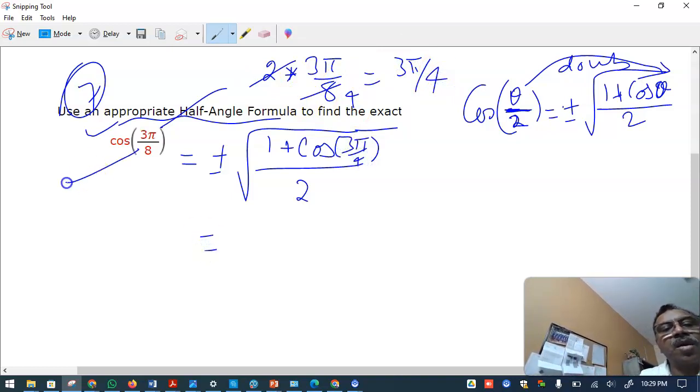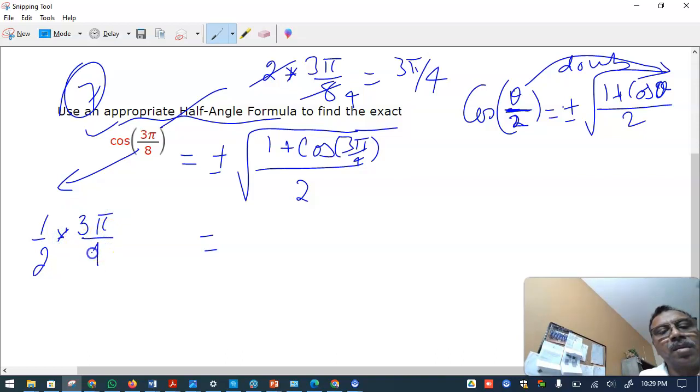Now, which quadrant is 3 pi by 8? It's half of 3 pi by 4, right? Now, what is 3 pi by 4? It's 135 degrees.